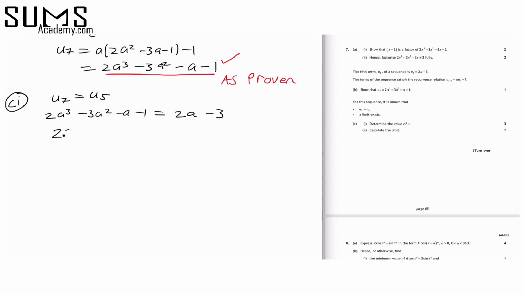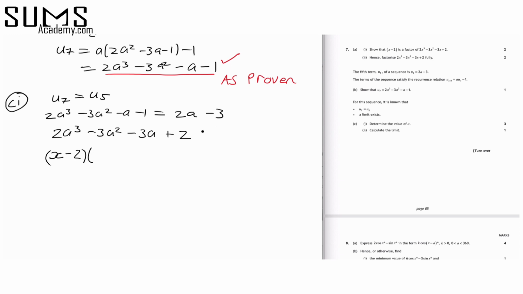So it becomes 2a cubed minus 3a squared minus 3a plus 2. Now you should be able to recognize this from before. It's exactly the same. Instead of a's, we've got x's. So we've actually already factorized this, so we can just go ahead and use our values from before.